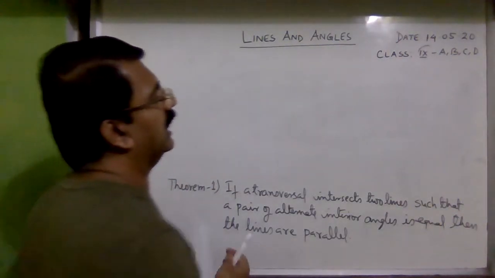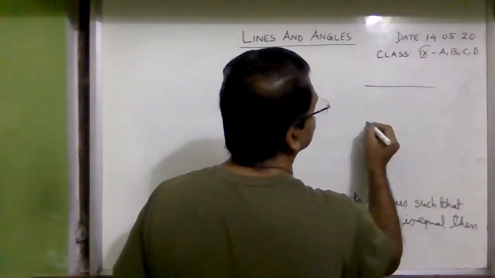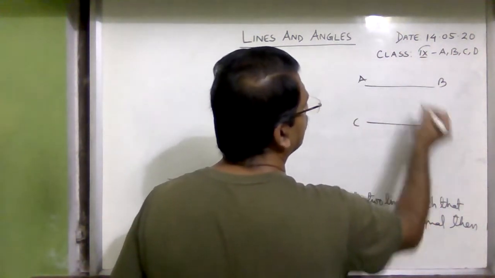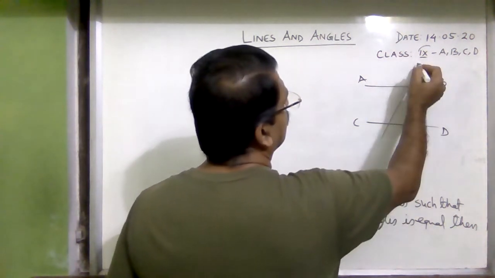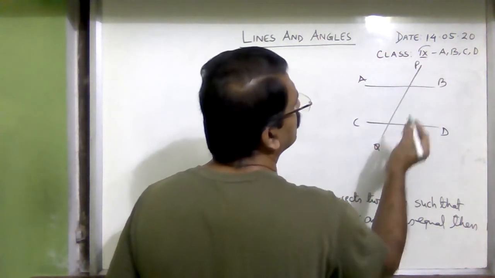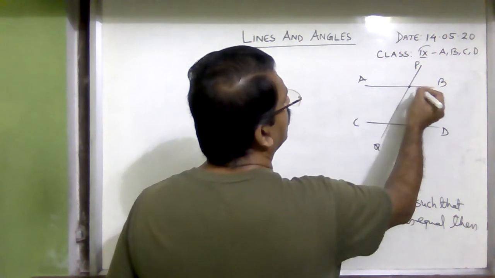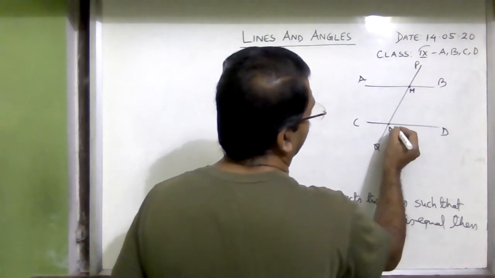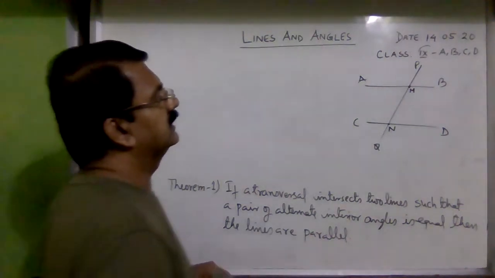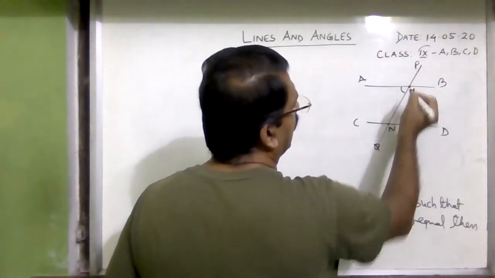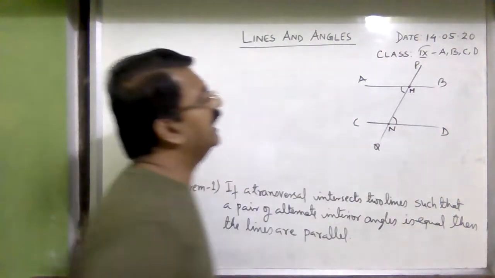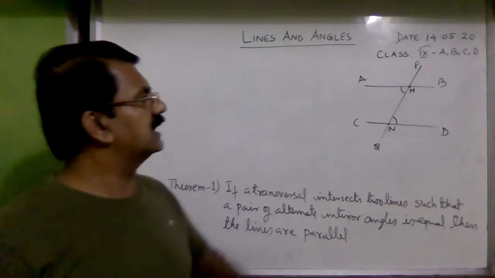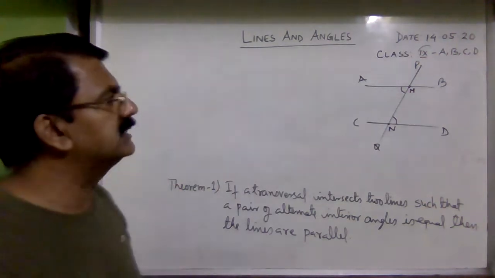So there are two lines, one is AB and the other is CD, and there is a transversal, say PQ. This point is M, this point is N. Now you know that this angle and this angle are called the alternate interior angles.